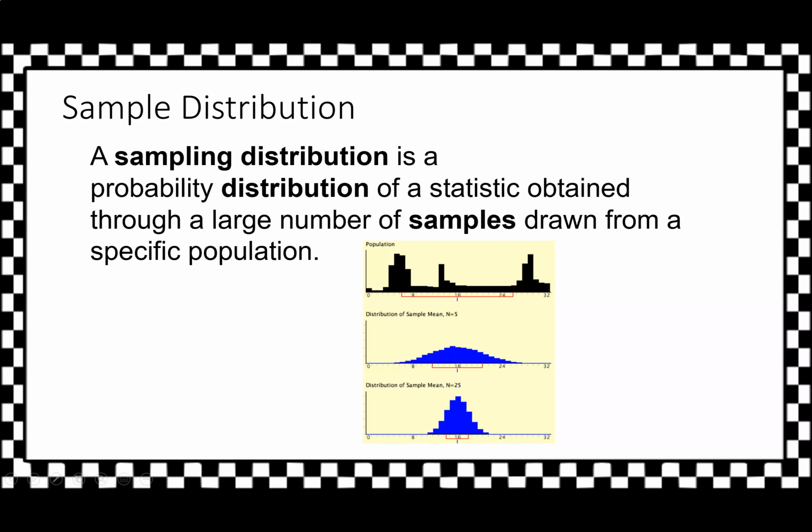Here we go. A sampling distribution is a probability distribution of a statistic obtained through a large number of samples drawn from a specific population. So here's the actual population. Obviously it's not a normal population. It's not a beautiful bell curve, but let's say this is a number of basketball shots you made out of 50.